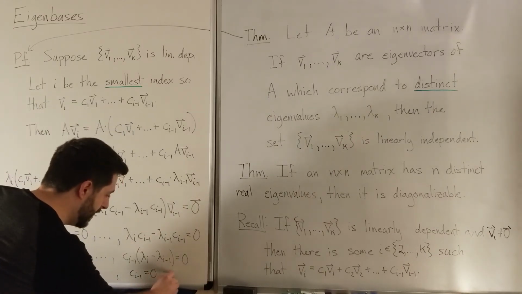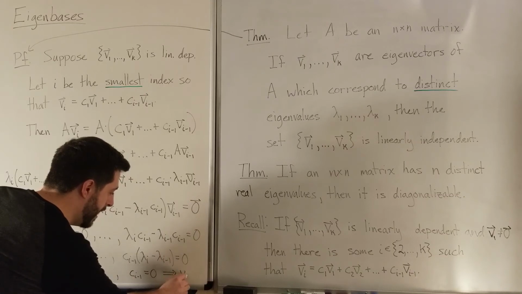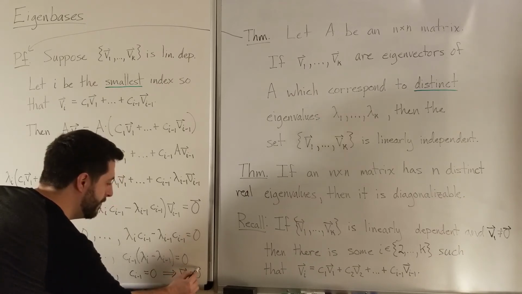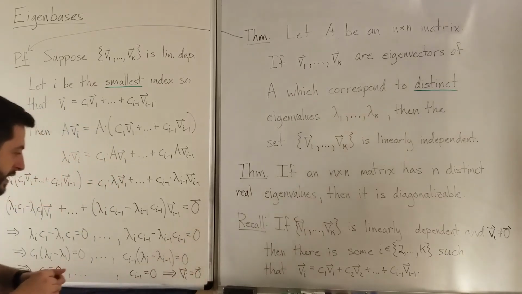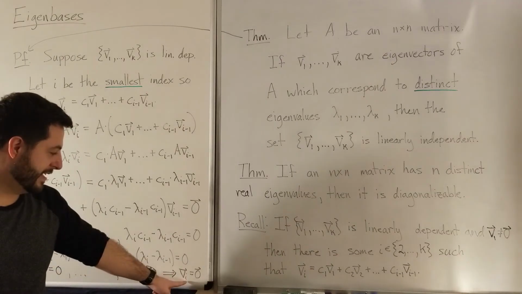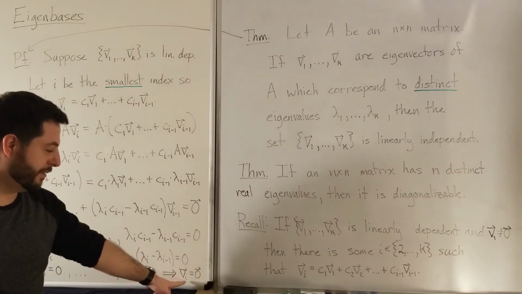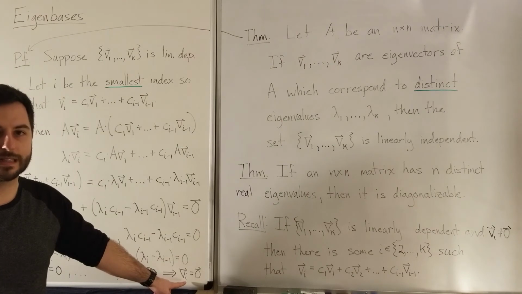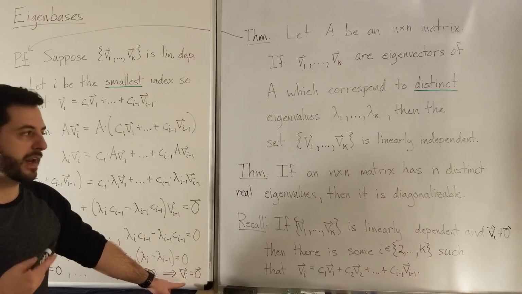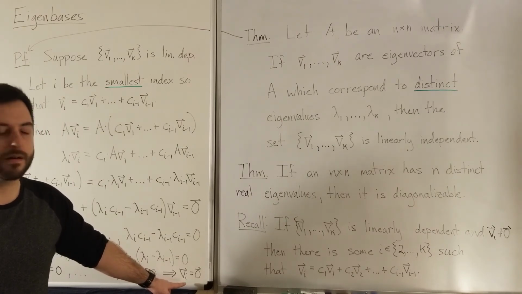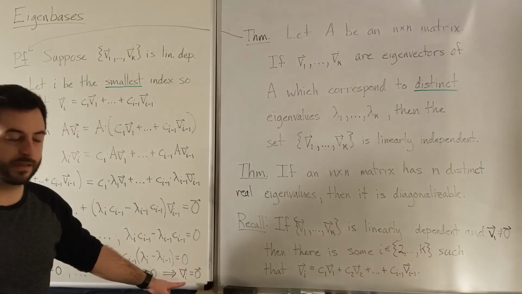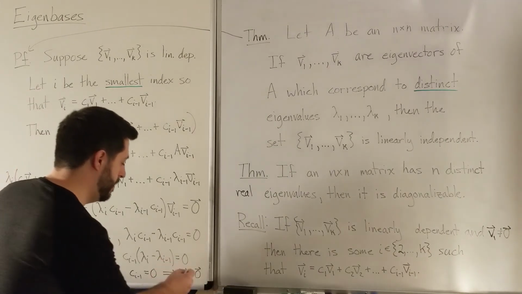So what this is saying is that v_i is equal to the zero vector. Remember, I was looking for something that didn't work, for a contradiction, and right now all of this implies that my ith eigenvector is the zero vector. None of the eigenvectors are allowed to be 0. So this is a contradiction, which means we're done with the proof.